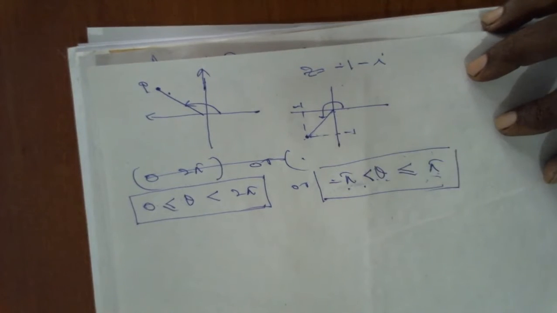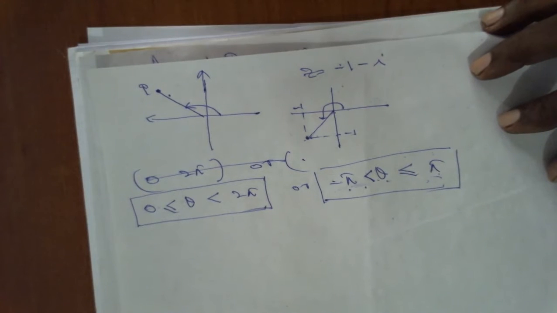Like this you define the principal argument of a complex number. Keep in mind that the principal argument is always measured from minus pi to plus pi.